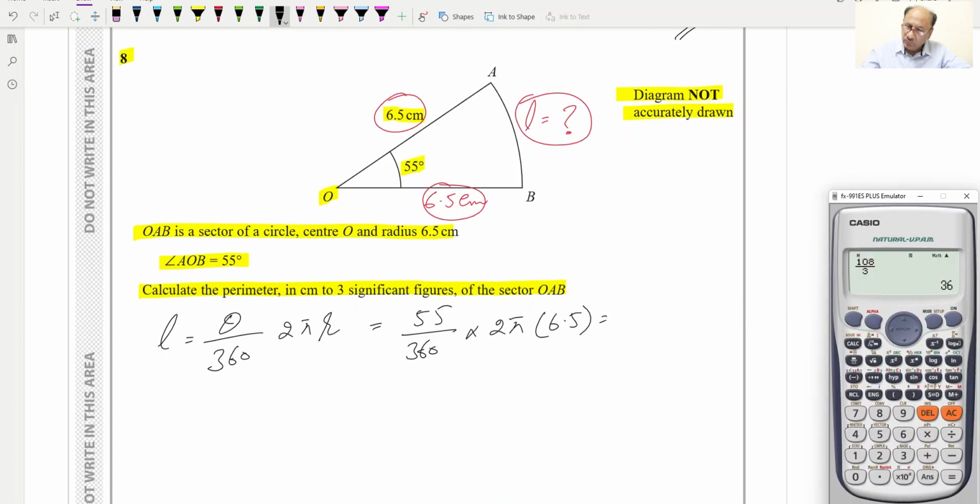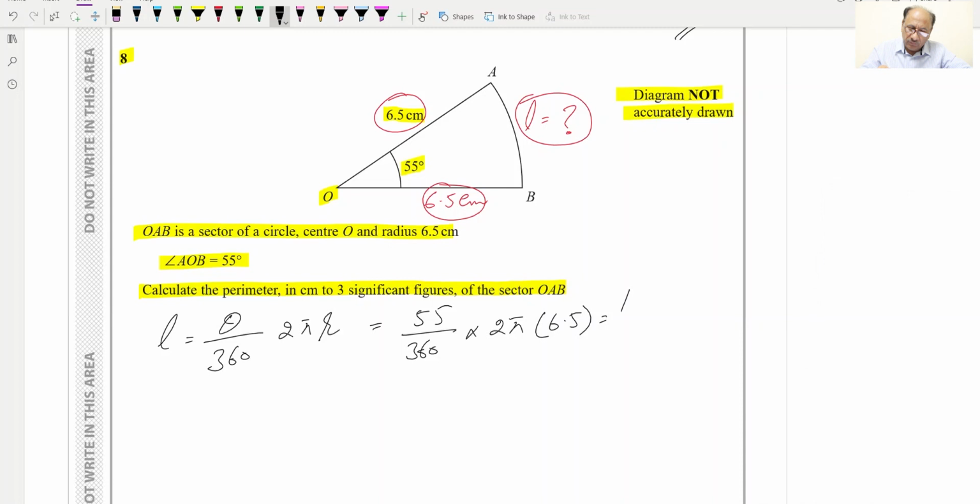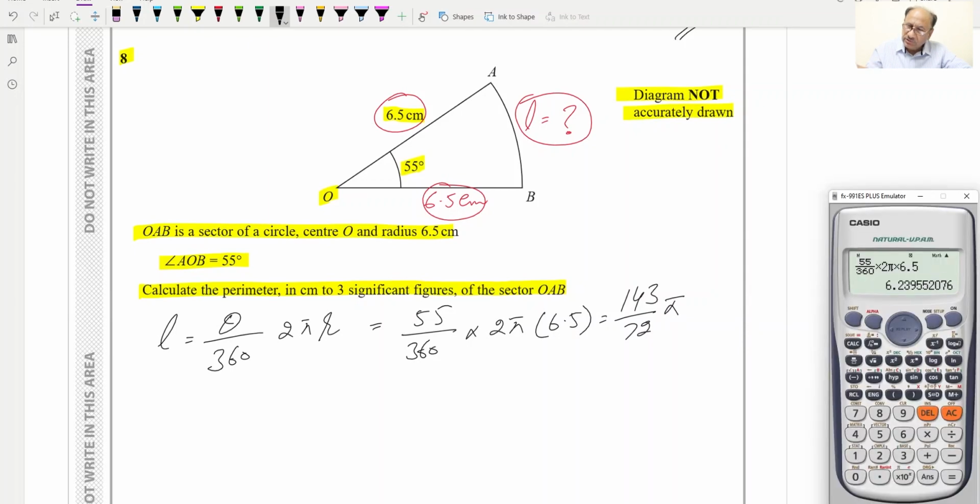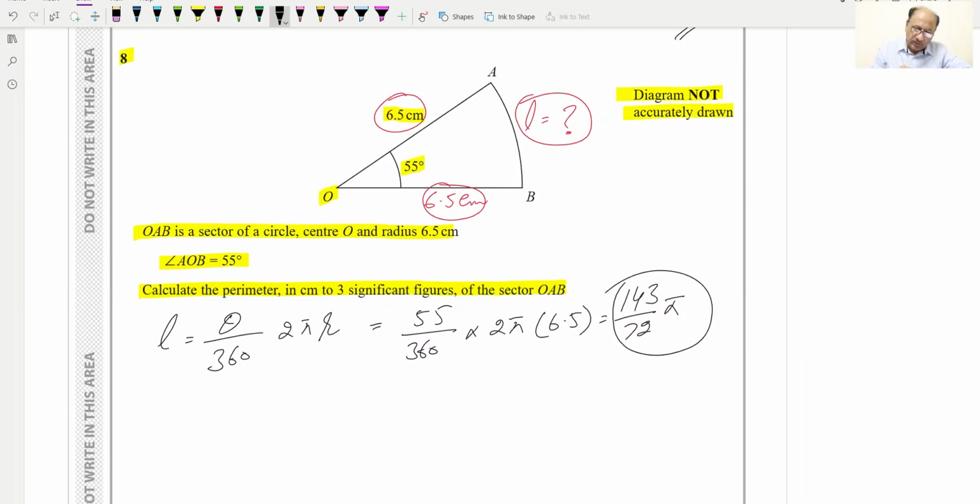This will be equal to 55 over 360 multiplied by 2 pi and multiplied by 6.5, and this is equal to 143 over 72 pi. I'm writing in terms of pi because I don't want to lose the number in decimal, it will be a long number, so I'm using this pi, and ultimately we will round the answer.